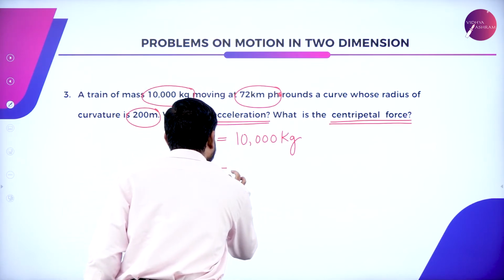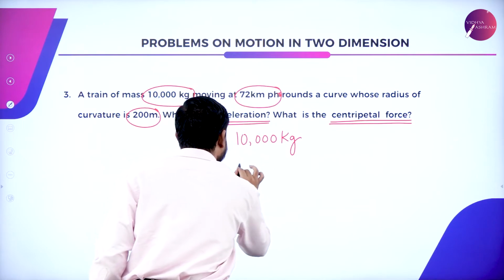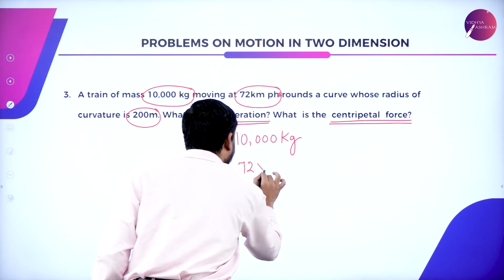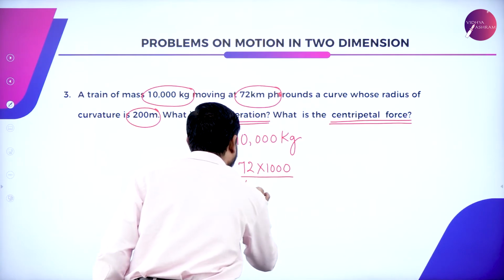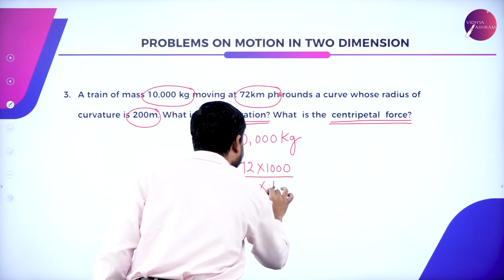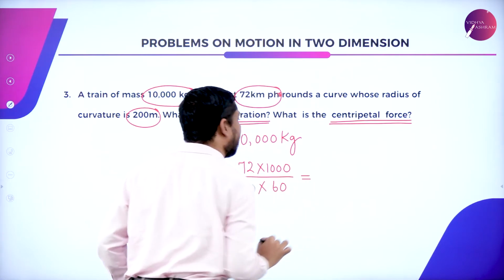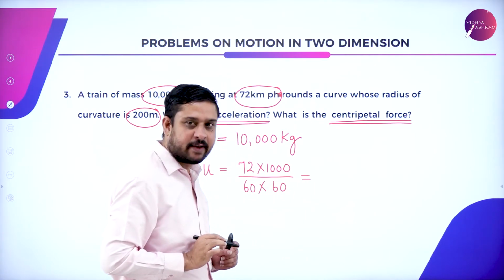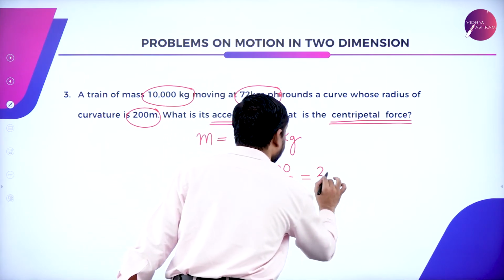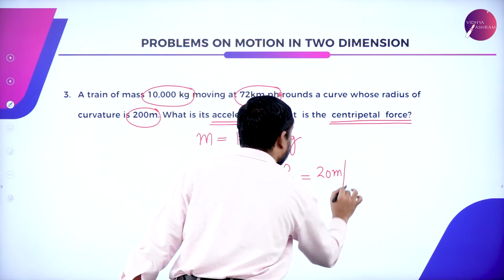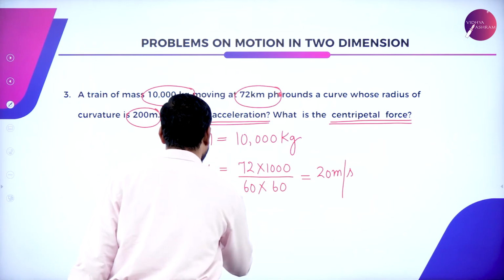So the velocity is 72 into 1000 divided by 60 into 60, so that I can convert that into meter per second.